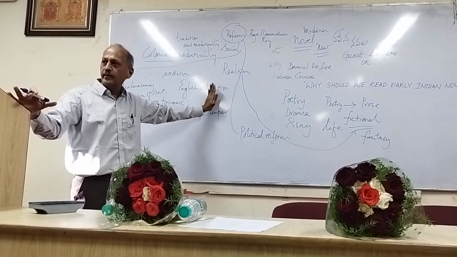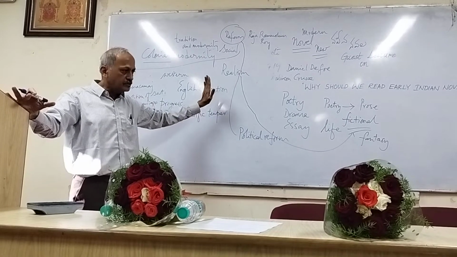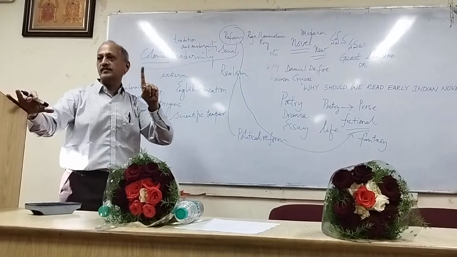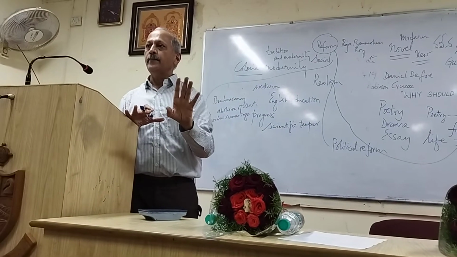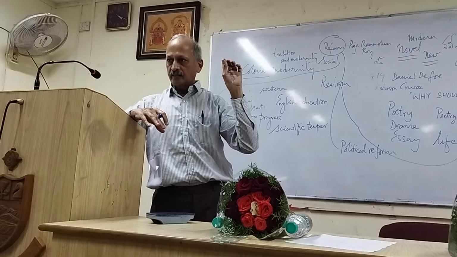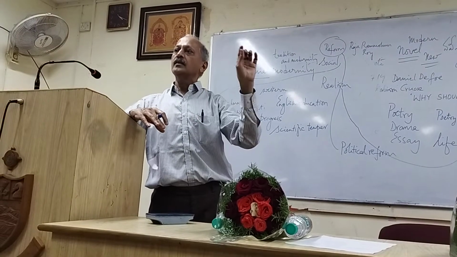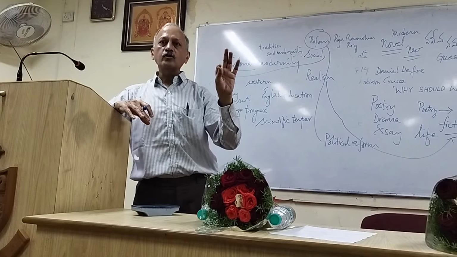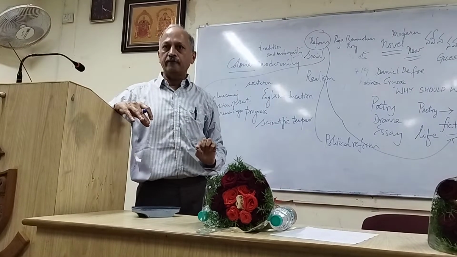They were not very much interested in looking at societal issues. Women's issues were there: educating women, child marriage, widow remarriages. But all those things were confined to upper caste women.